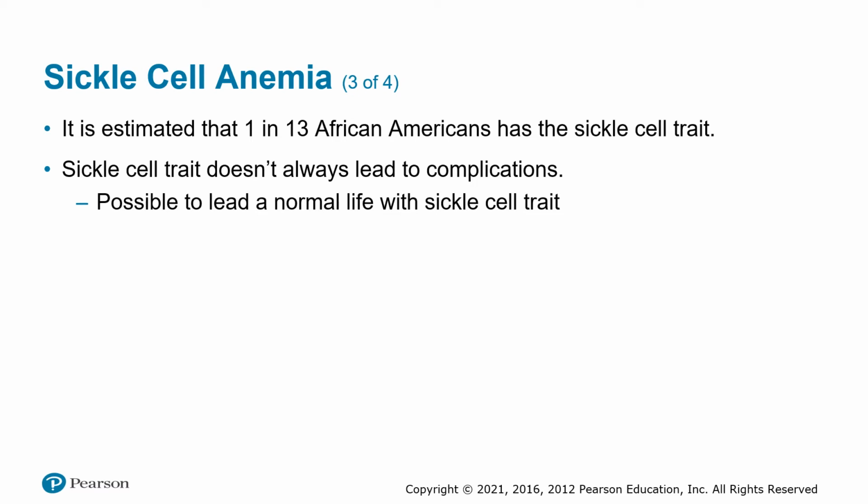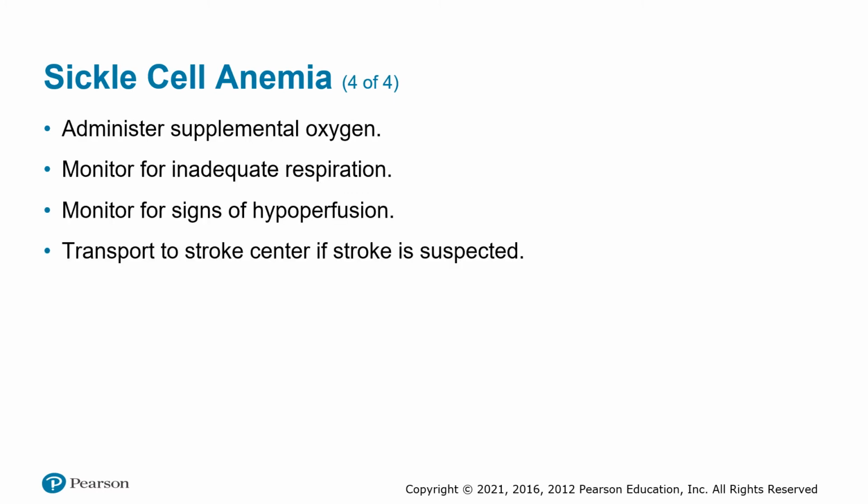The sickle cell trait does not always lead to complications. They can lead a normal life with it. Administer oxygen if needed, monitor for inadequate respirations, monitor for signs of hypoperfusion, and transport to a stroke center if a stroke is suspected.